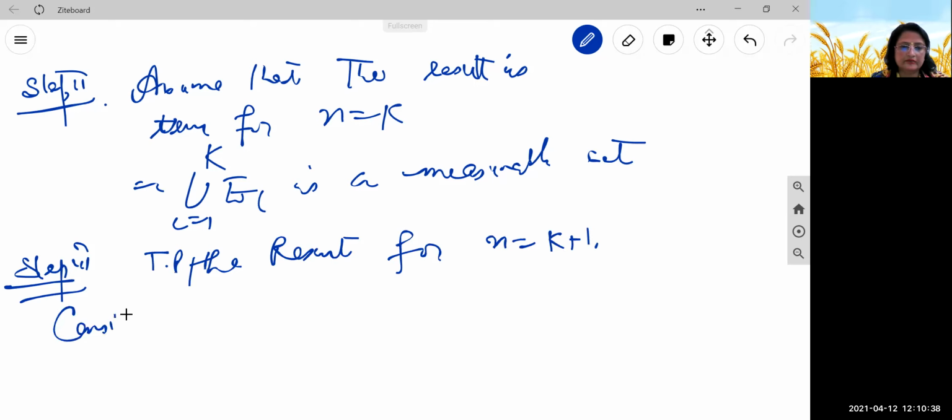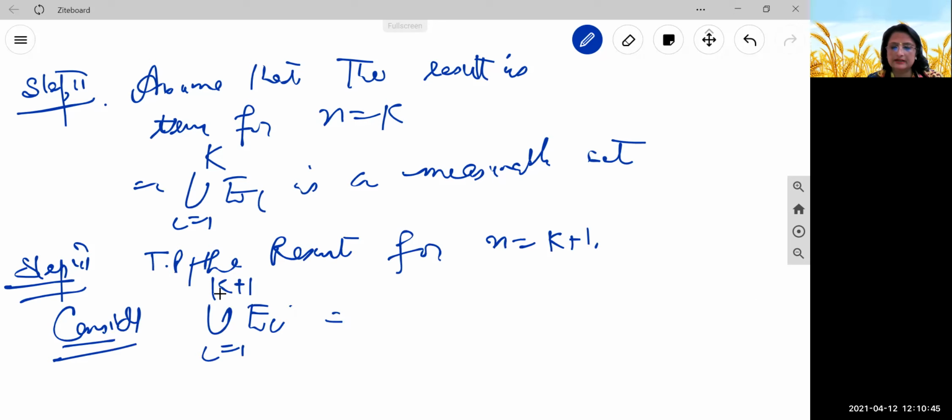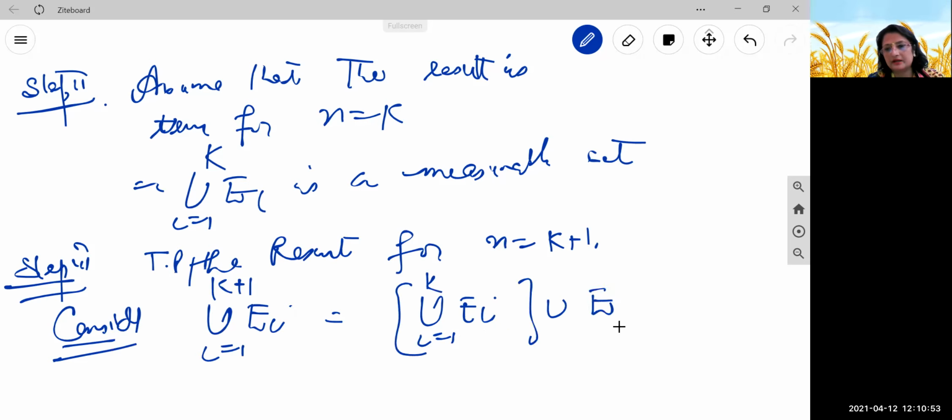Consider union i running from 1 to k plus 1 Ei. This is equal to, we will split this: union i running from 1 to k, this is one, and which is the last set left? Ek plus 1. This is measurable, this is measurable, this one set is also measurable.